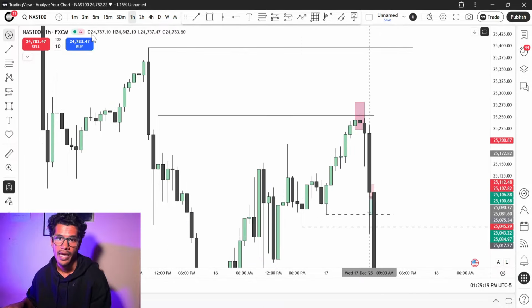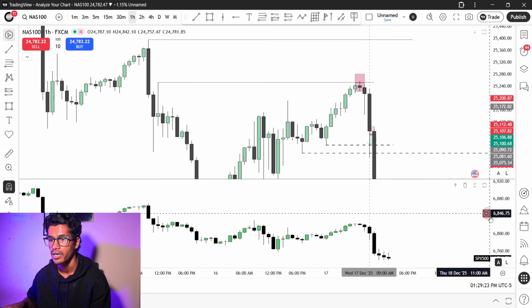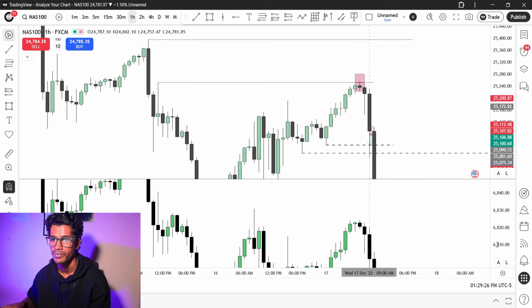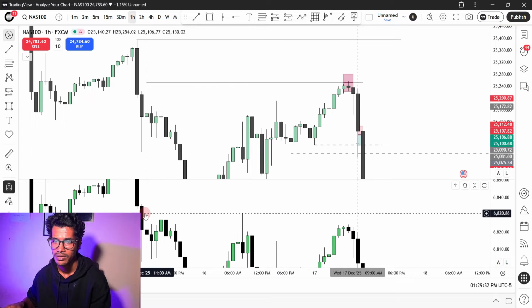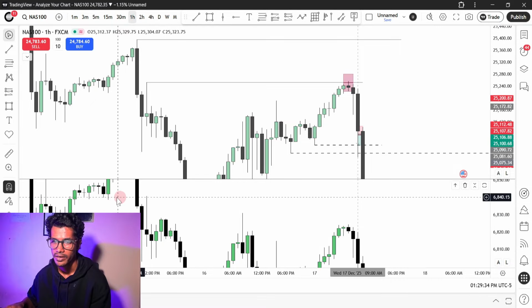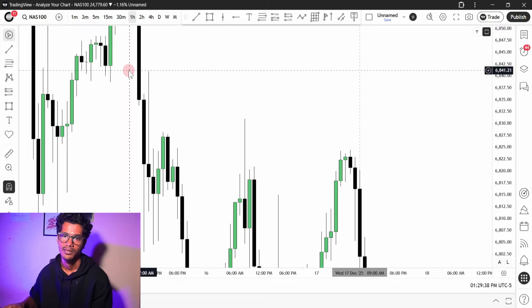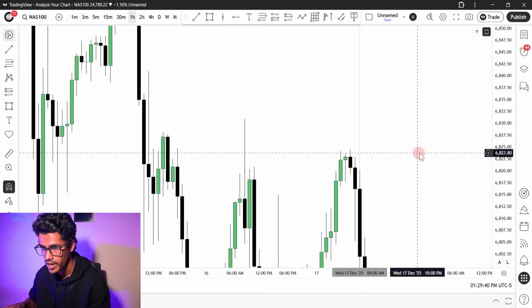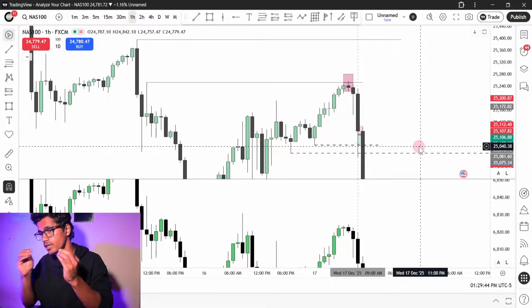I compared S&P 500 at that time, and you could see that we had this SMT right here. If you take that internal high, that high hasn't been taken on S&P 500. So we have this bearish SMT. That is the second confluence that we're looking for bearish prices.